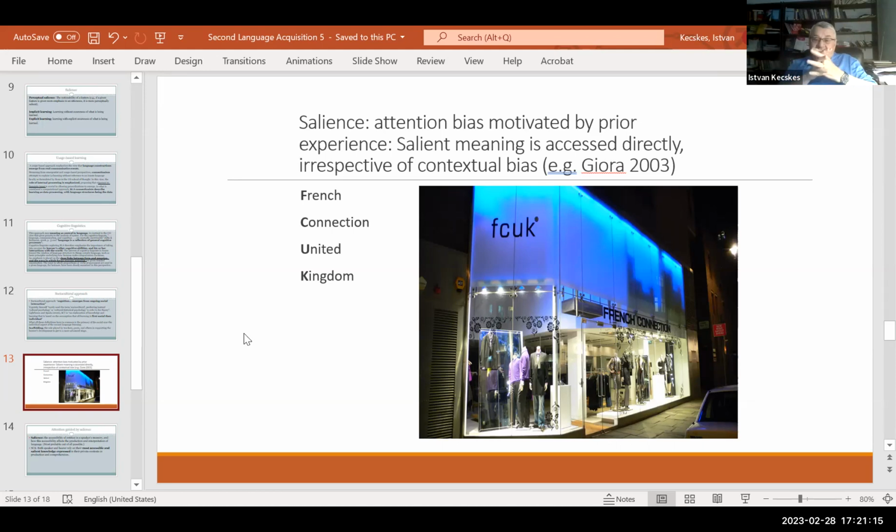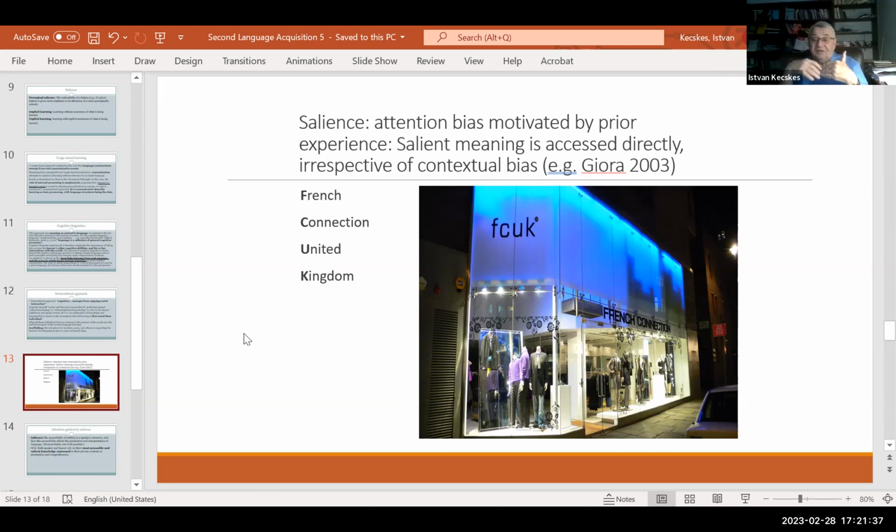The reason you think of one thing only is because there is an attention bias. So salience is basically attention bias motivated by prior experience. That's the important thing: bias, and motivated by prior experience.